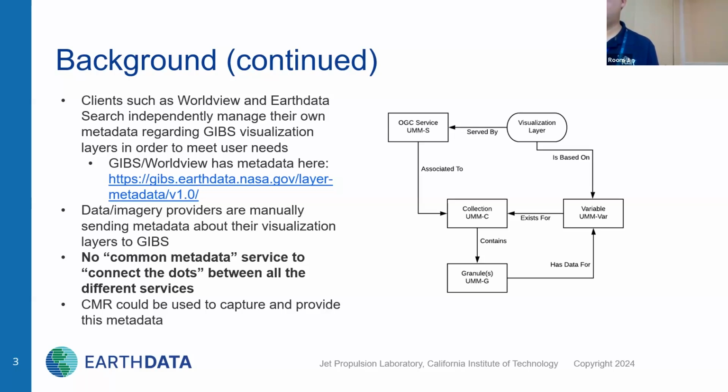Currently, there's no common metadata service to connect all the dots across the different services to make it smooth. We think CMR could be the place to capture and provide such metadata, making this linkage and bridging the gap we are observing. Next slide, please.